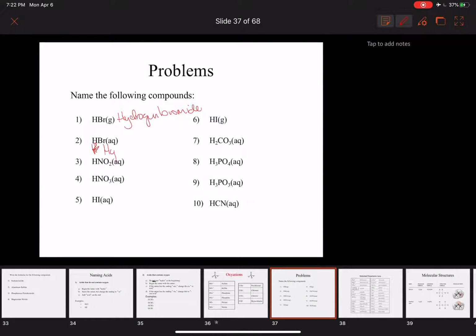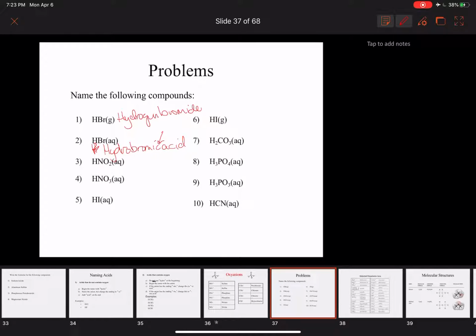We have hydro, and bromide turns into bromic acid. So we have hydrobromic acid. And there's a space right there. Now, if you remember, HCl was hydrochloric acid and HF is hydrofluoric acid, so it should make sense that HBr is hydrobromic acid.